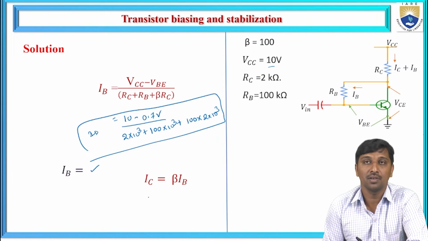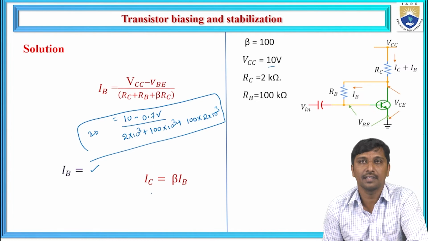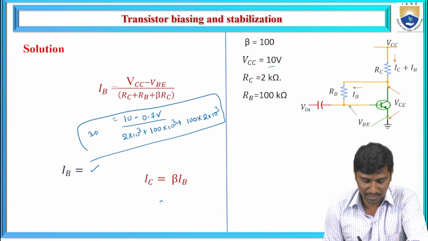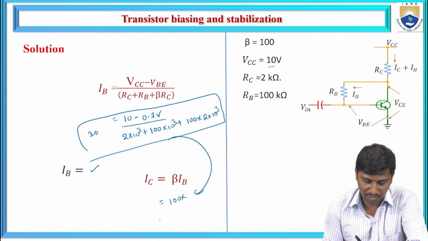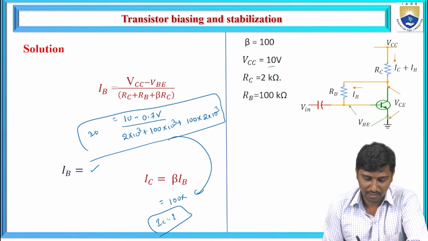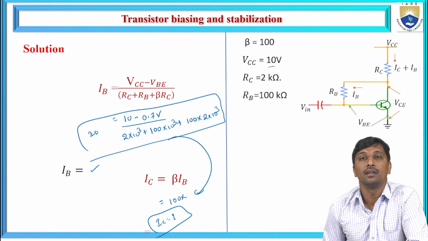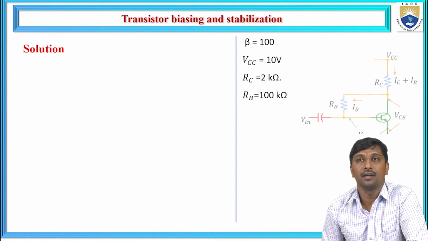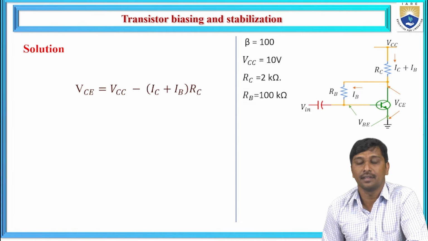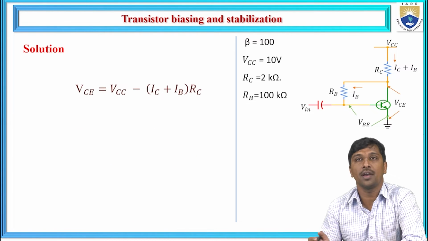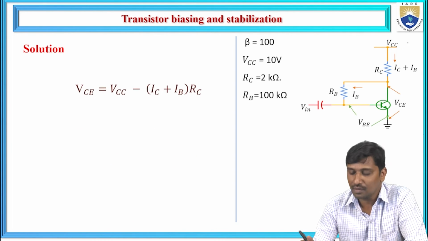Now with this IB, we need to determine the collector current IC. IC is equal to beta times IB. Here the beta is 100. Now you can substitute this IB value here. Then after that, to satisfy the Q point, we need to find out the VCE.